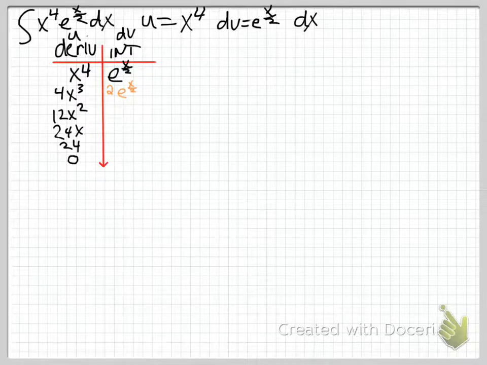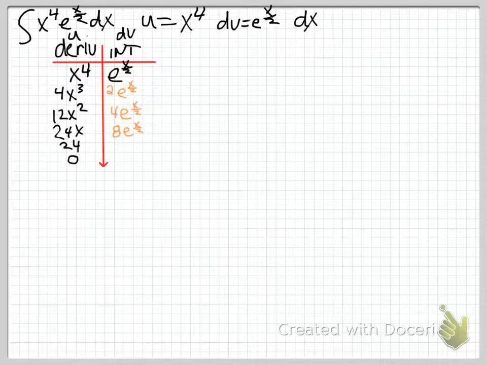You take the integral of that. The integral of e is e to the x over 2. You already had your 2 out in front of there. You multiply by another 2 and you get 4. And then you see the pattern here, so it's just going to go 8 e to the x over 2.